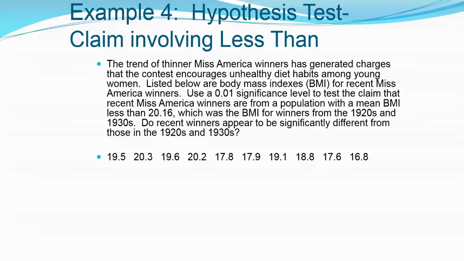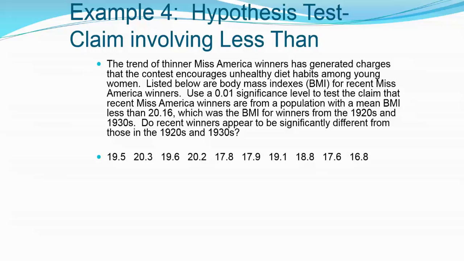Use a 0.01 significance level to test the claim that recent Miss America winners are from a population with a mean BMI less than 20.16, which was the BMI for winners from the 1920s and 1930s. This is going to help us determine if recent winners are significantly different from those in the 20s and 30s.